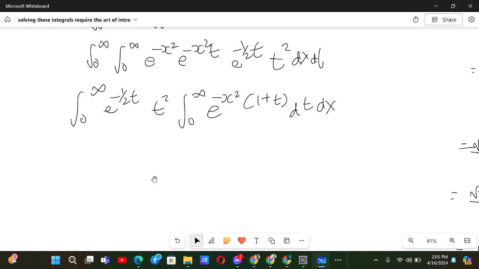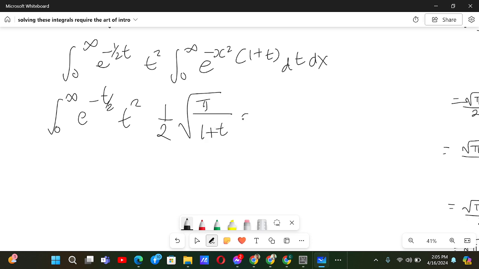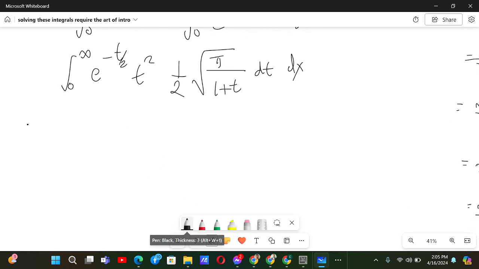Now integral from 0 to infinity e to the power minus t by 2 t square, and then this is 1 by 2 root pi by 1 plus t dt dx. Now what's next? We take these things out.